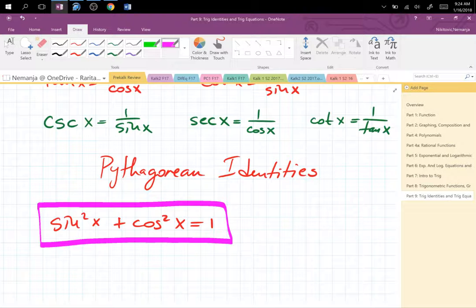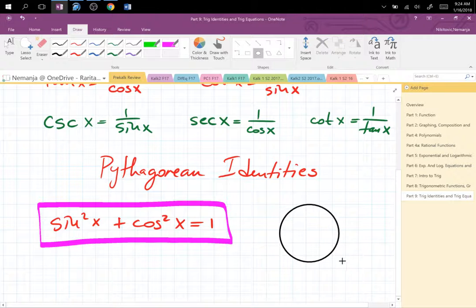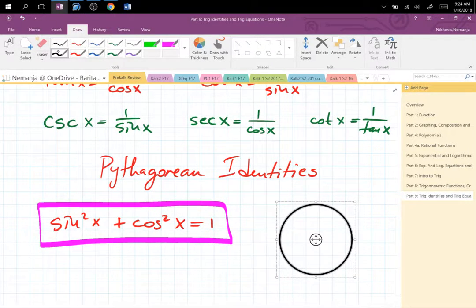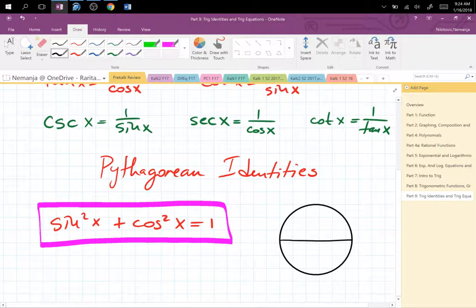And there are many ways to show this. If you observe in the unit circle, you have this triangle here, you know that these coordinates here are cosine x comma sine x.